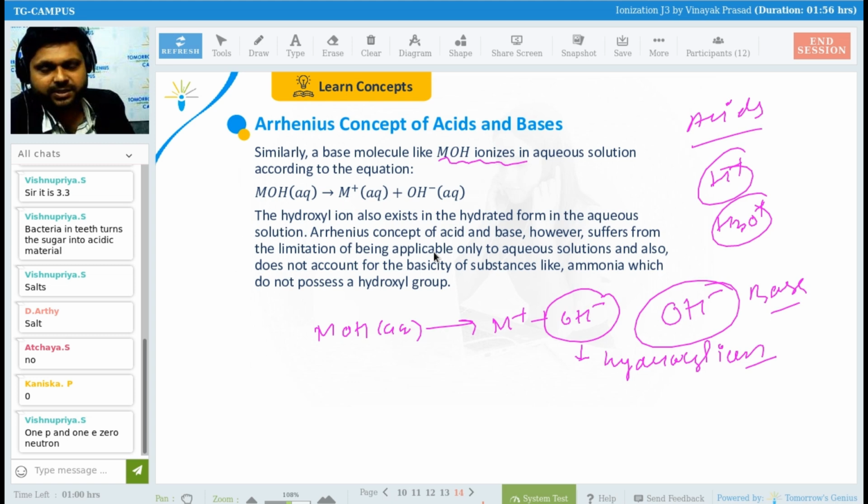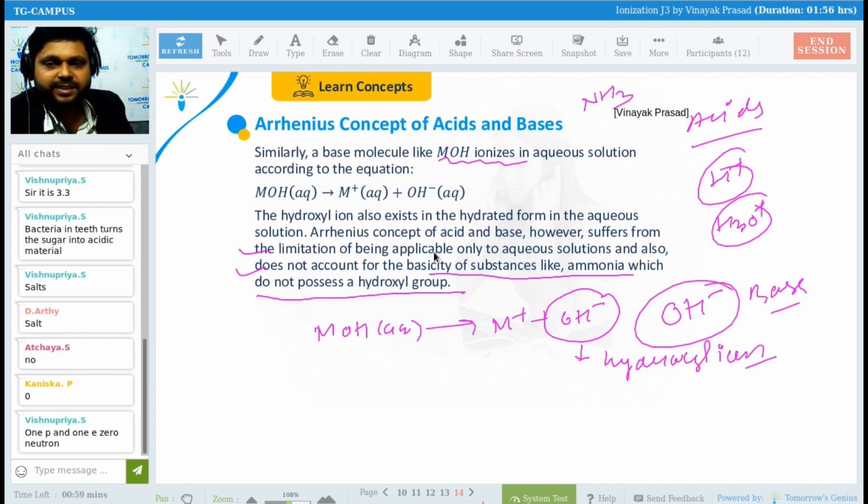In aqueous solution, the Arrhenius concept of acid and base suffers from limitations: it is applicable only to aqueous solution, and it does not account for the basicity of substances like ammonia that do not possess a hydroxyl group. See guys, NH3, it does not say anything about this.